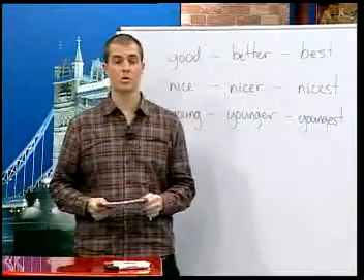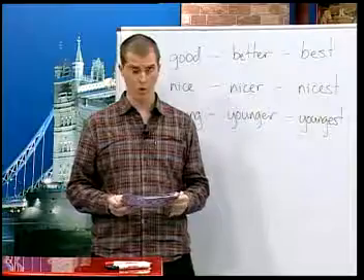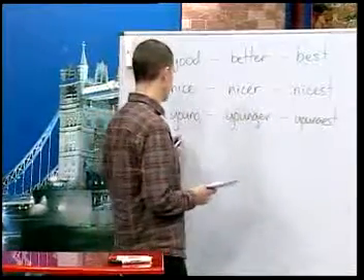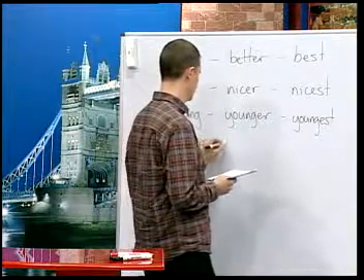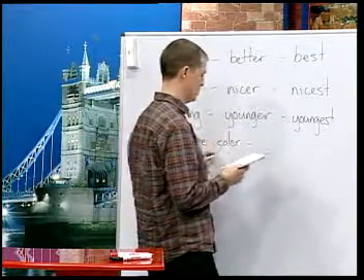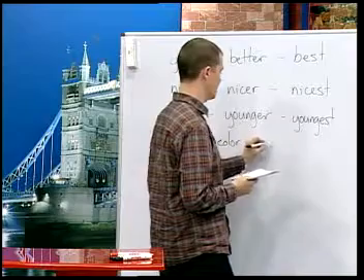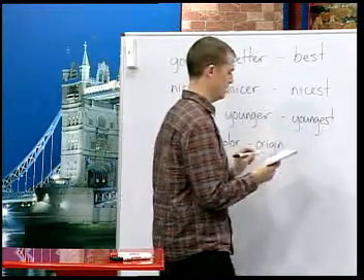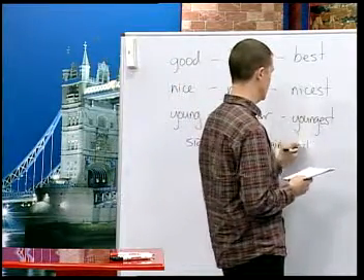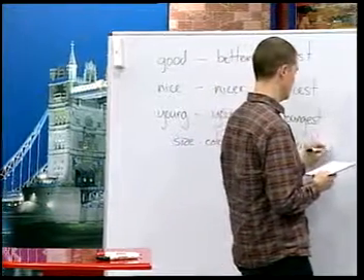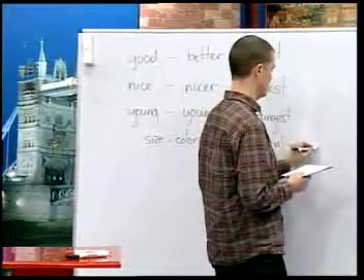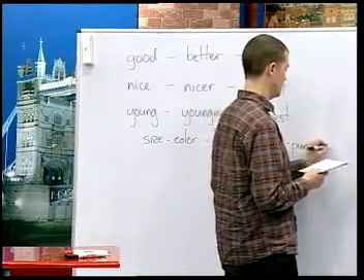When we use a string of adjectives, there is an order. This is the order. We say size, color, origin, where something is from, material, purpose, why we use it, and finally, noun.